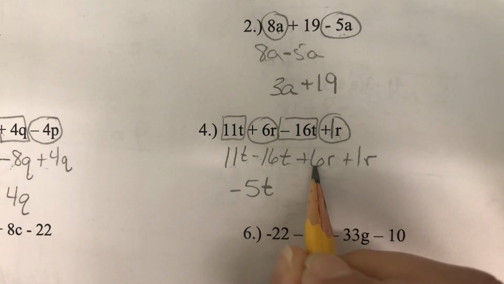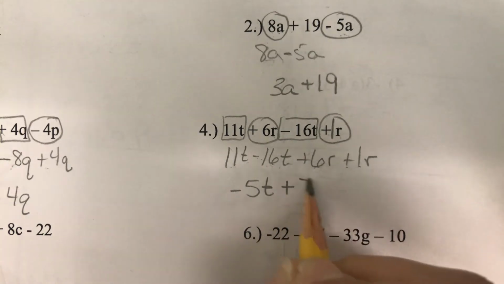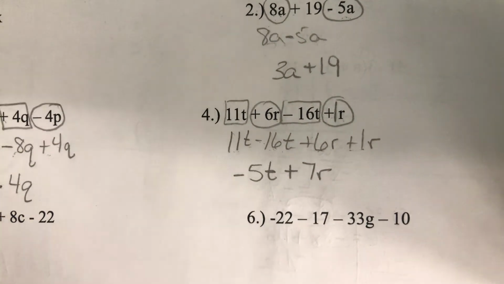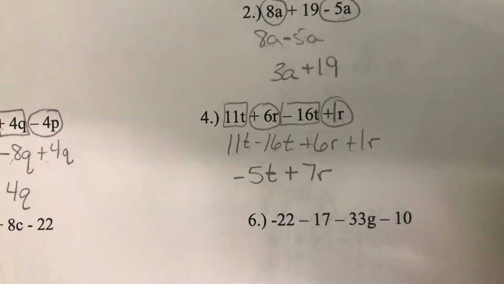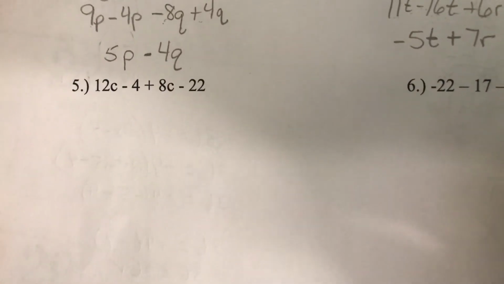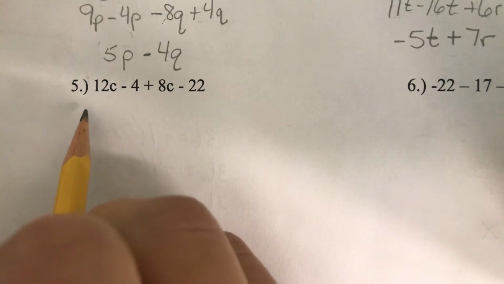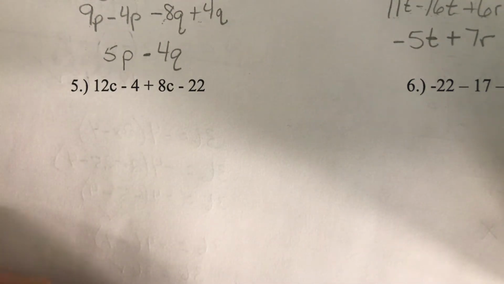Here we've got positive 6 plus 1, so 7r. This might be a good time to pause your video, try this one on your own, and then see if you got it right.